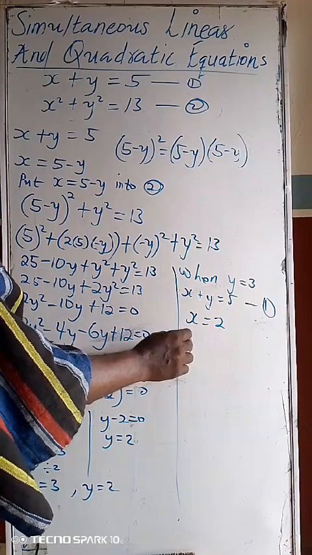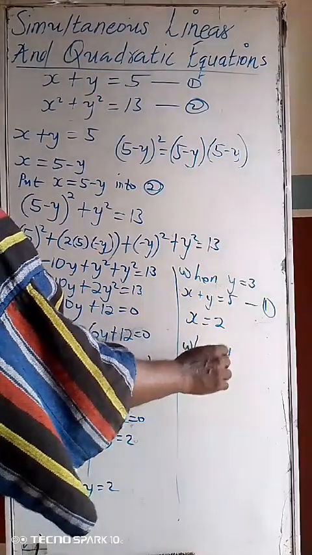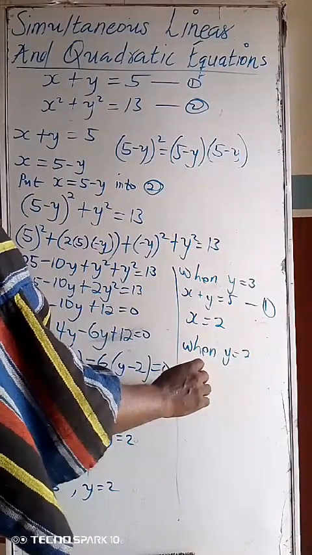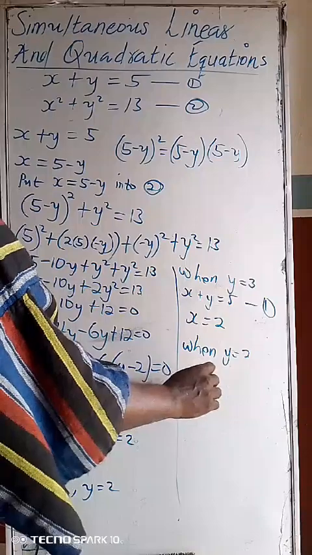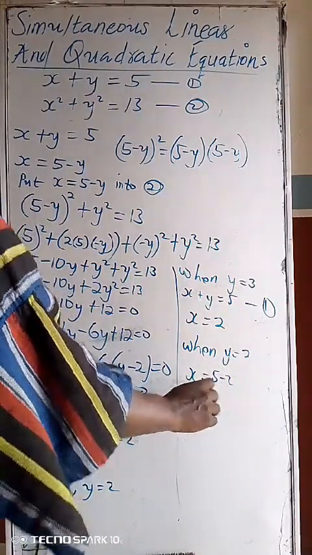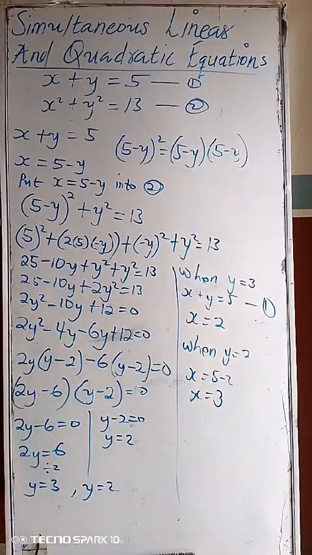Then the next one, when my y is equal to 2, then my x will be equal to 5 minus 2. So my x will be 3. So that is that.